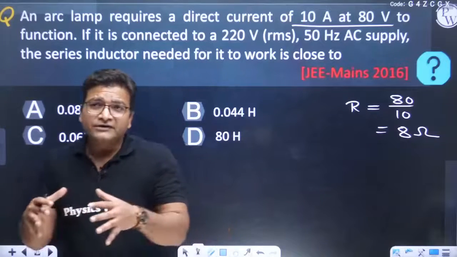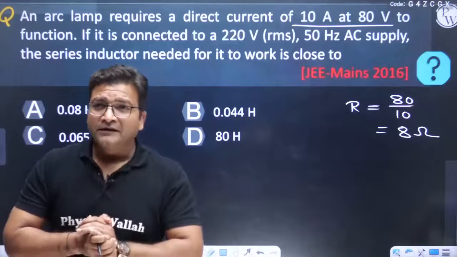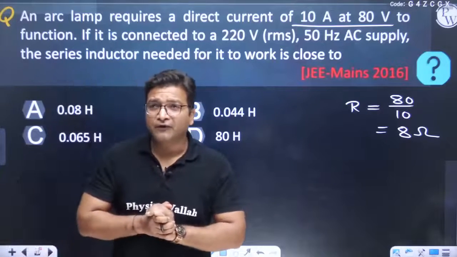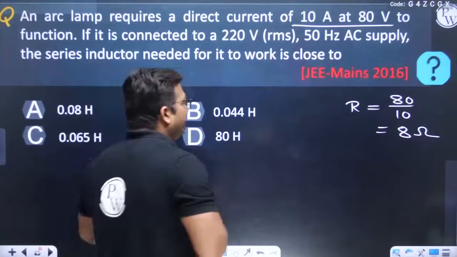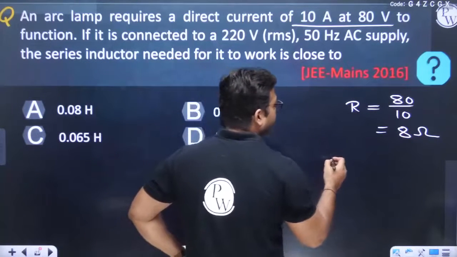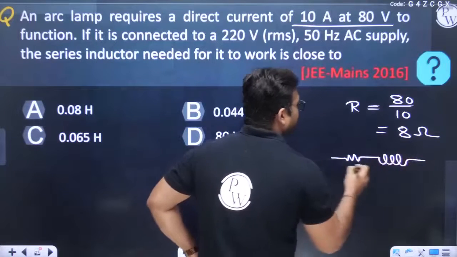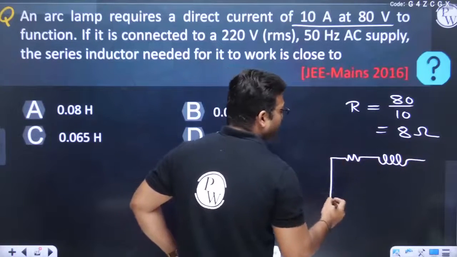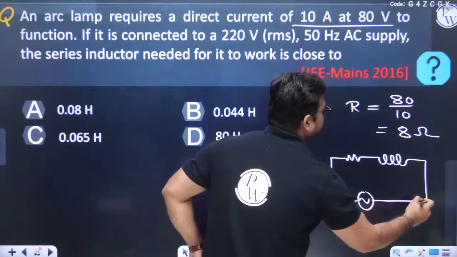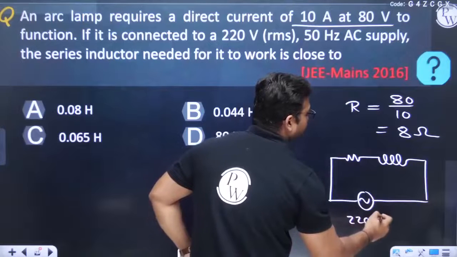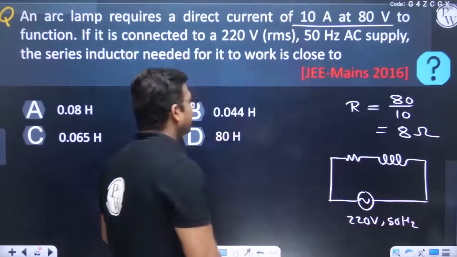If it is connected to a 220 volt RMS supply of 50 Hertz, the series inductor needed for it to work is close to what? So we have to connect this bulb or resistance with an inductor, and we have to apply a 220 volt, 50 Hertz supply across this.